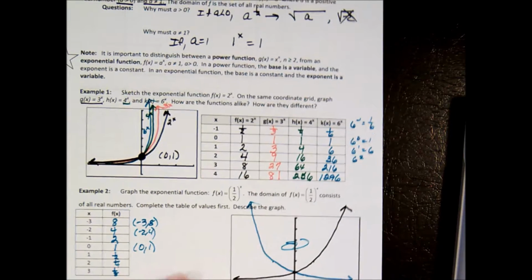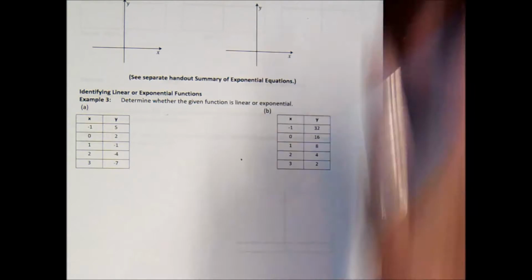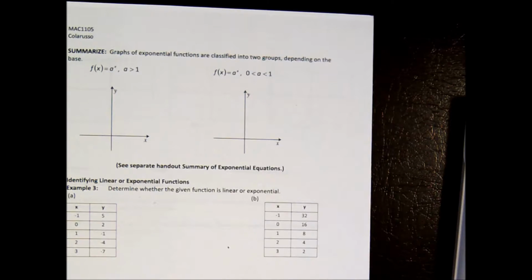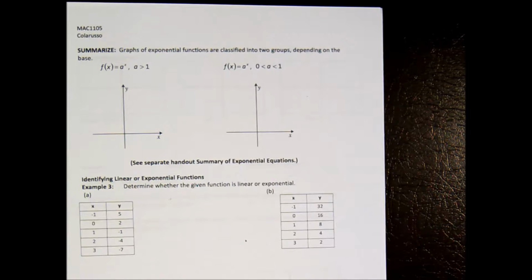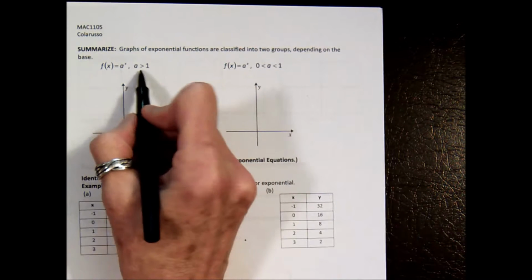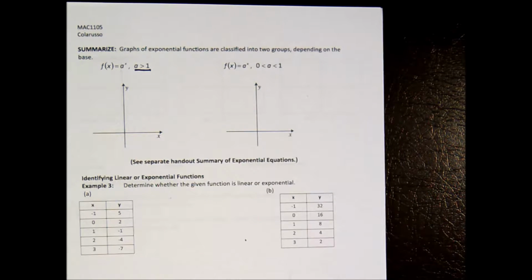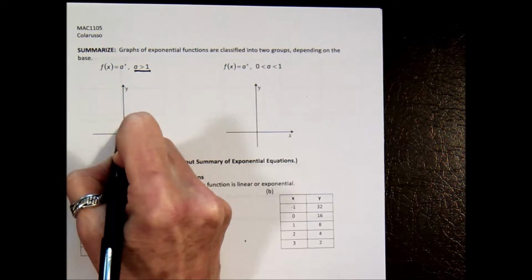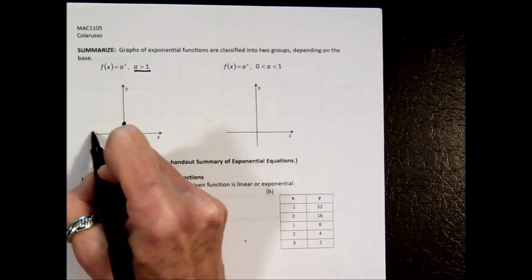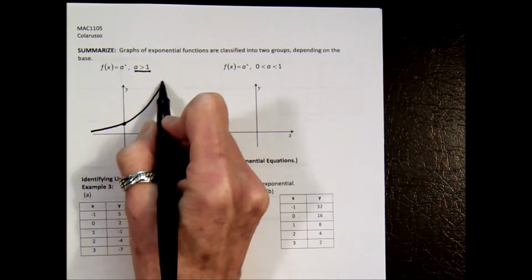If you will take a look at the next page, I did a little summary here. It says graphs of exponential functions are classified into 2 groups depending on the base. So if a is greater than 1, meaning 2, 3, 1.5, whatever, it's going to go through the point (0, 1), and it's going to look like this.